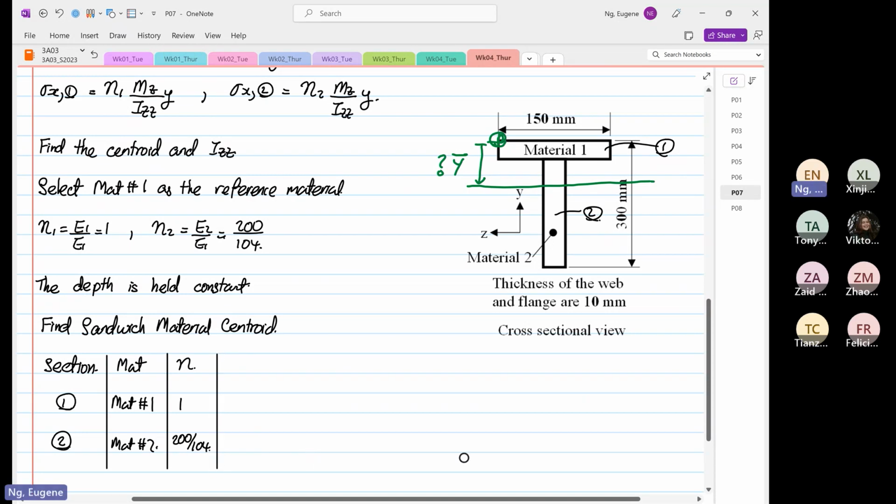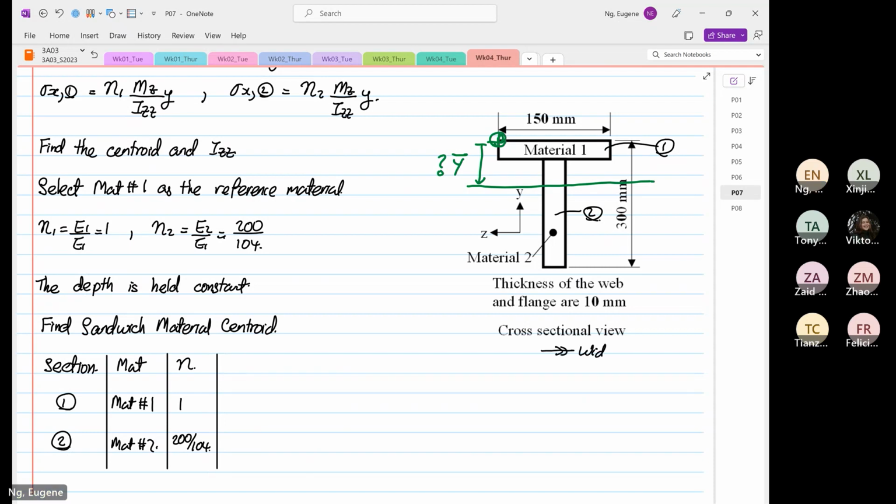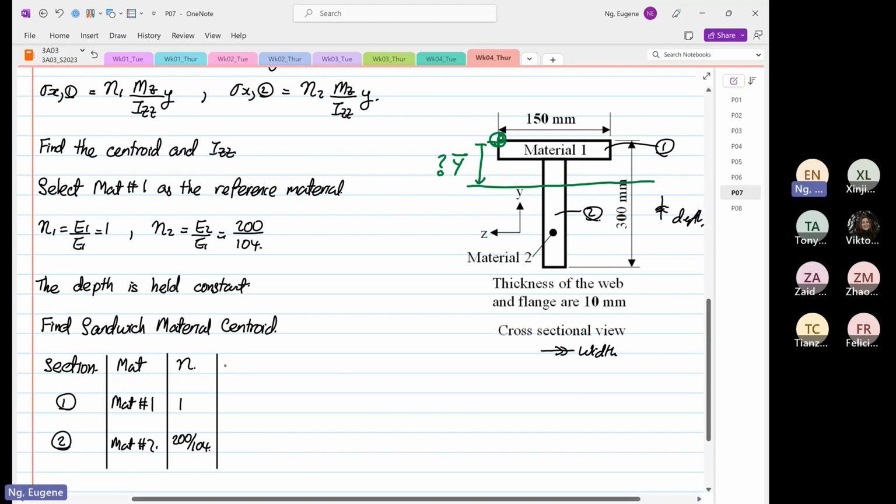The axis of interest is the green, so this is our width, and this over here will be our depth. So we have N multiplied by width, remember the width is changing, and then multiplied by depth.